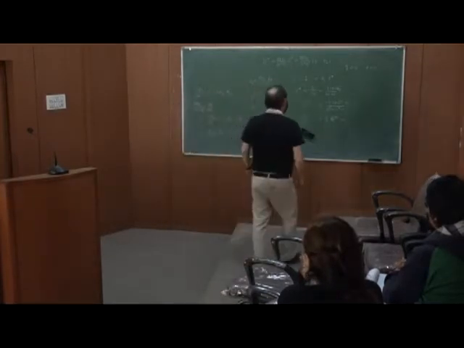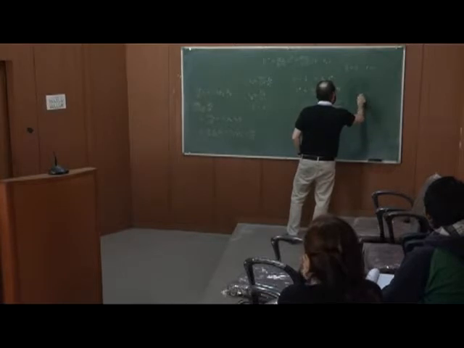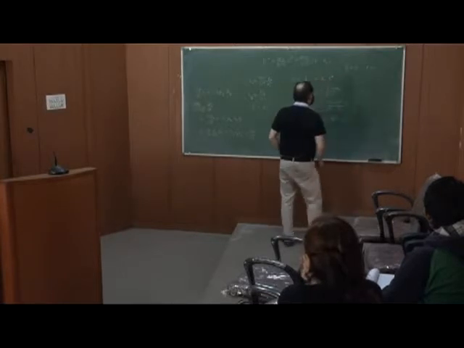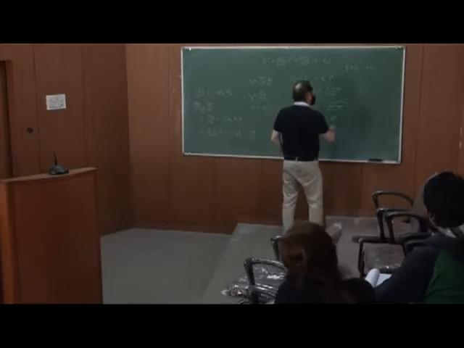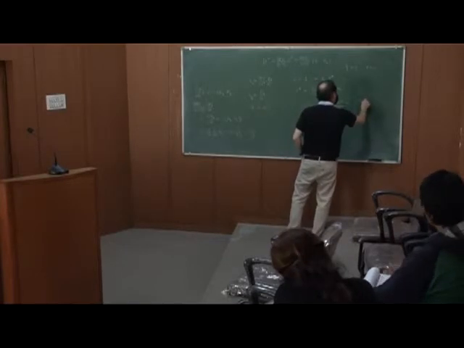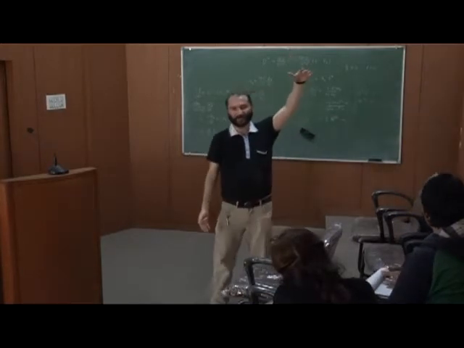Because 10 to the 7 is 1 year, and then we have to multiply. I think it's correct. It's about 10 to the 13 years. So it's a huge unit, right?